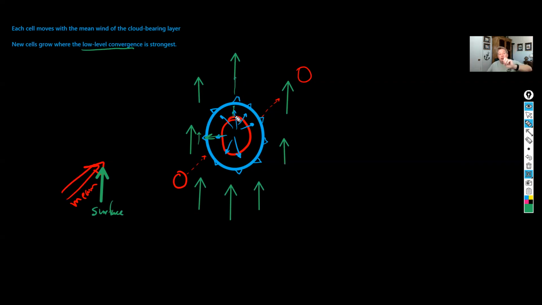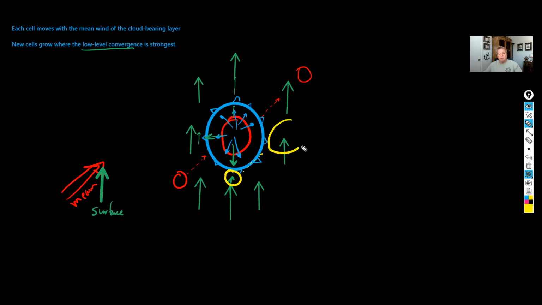You could be going faster than the car in front of you and you'll bump into them from behind. But where will the worst accident be? The worst accident is here to the south, where you've got the air moving directly at each other. So what that tells me is I'm going to get a new cell forming where the low-level convergence is strongest, which is there.